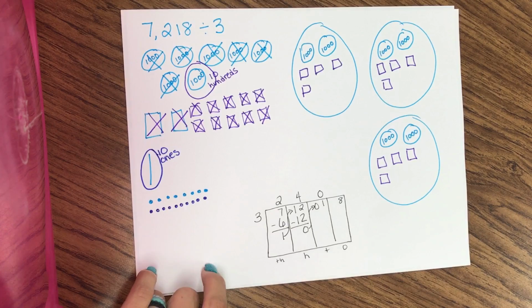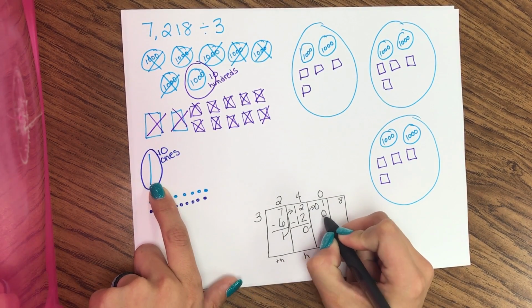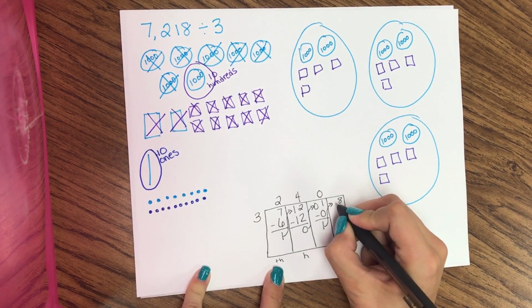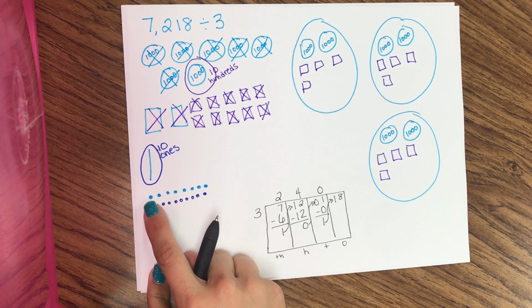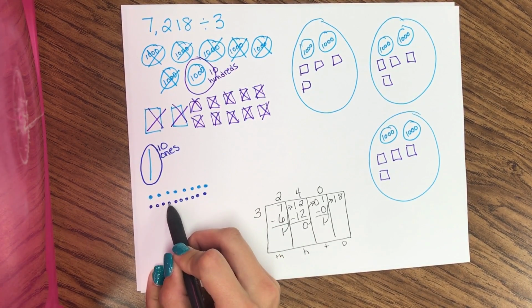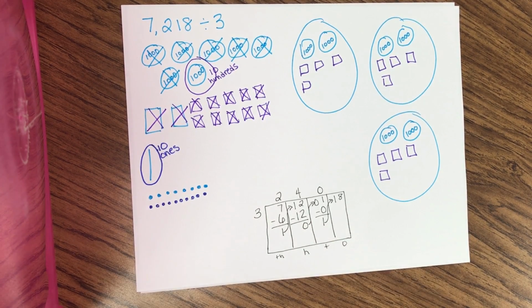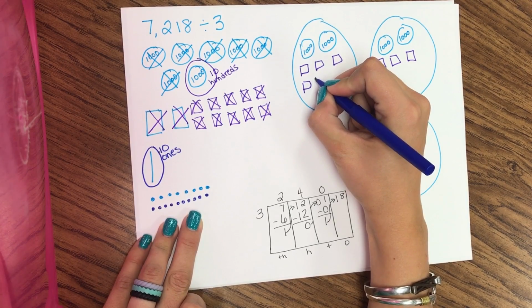And because I didn't put any 10s in there, I used 0 of them, which meant I had 1 left. I had to break that into 1s. So now I have 18 ones, which we can count our dots here. 1, 2, 3, 4, 5, 6, 7, 8, 9, 10, 11, 12, 13, 14, 15, 16, 17, 18. So I'm going to take my 18 ones and I'm going to put them into these circles.